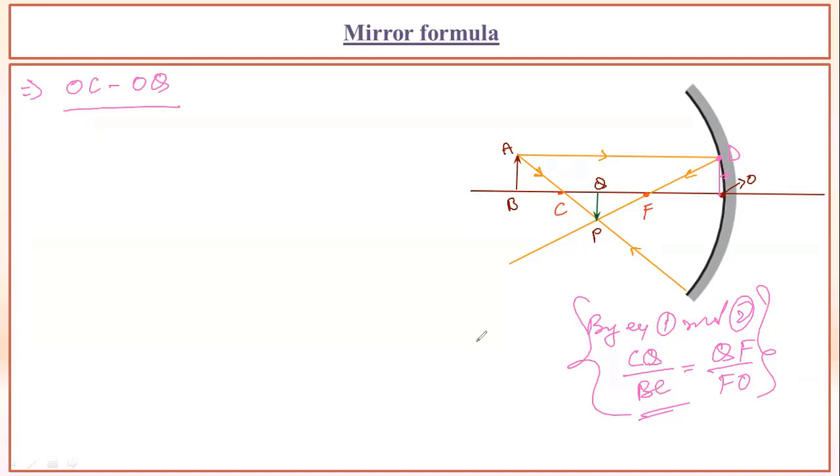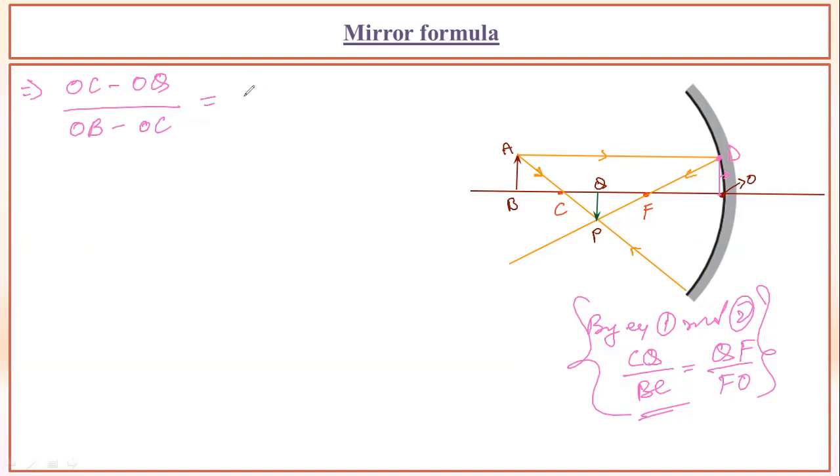Now BC, again I don't have any particular sign convention for that one. So again, through the figure only, you can see OB minus OC can be written over there. It is equal to QF. Again, for QF, I can't go for any sign convention.